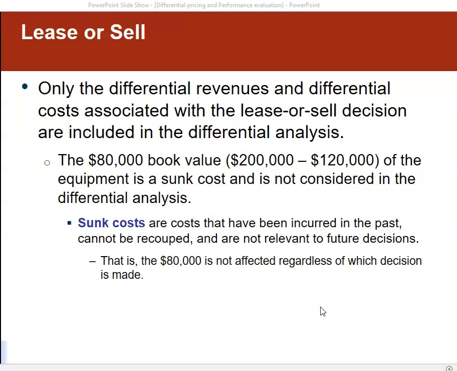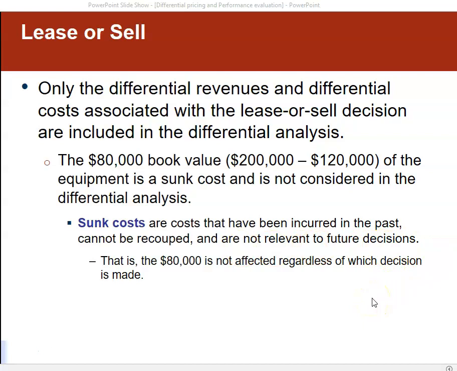Let's see here. What else? Okay, so we've kind of alluded to this already, but we do need to introduce this vocabulary here, this concept of sunk costs, that even though we paid $200,000 for this, we can only consider the remaining book value of $80,000. It says sunk costs are costs that have been incurred in the past, cannot be recouped, and are not relevant to future decisions.